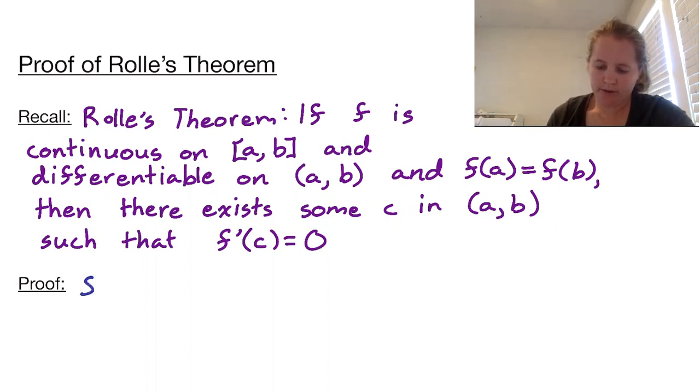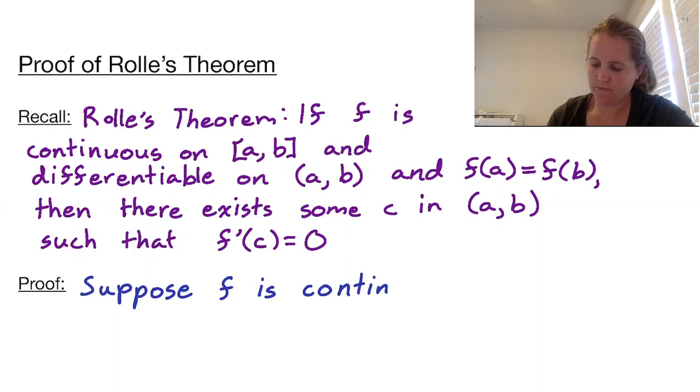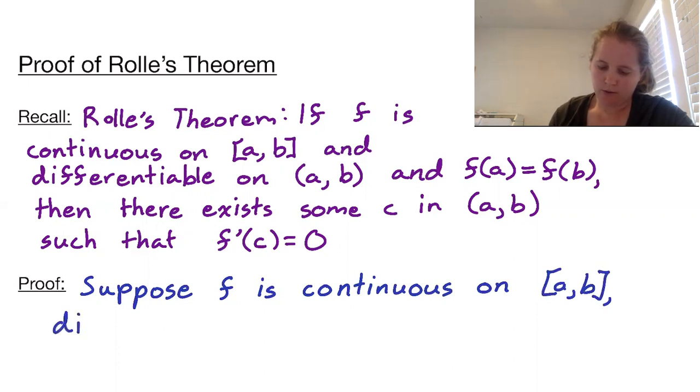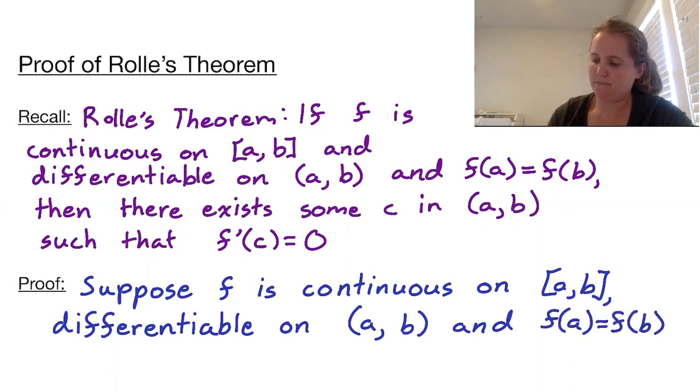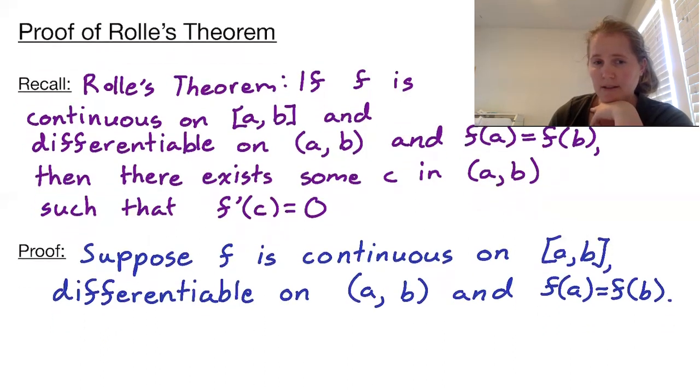So suppose f is continuous on closed interval AB, differentiable on the open interval AB, and f of A equals f of B. Then we're going to divide this in two cases.